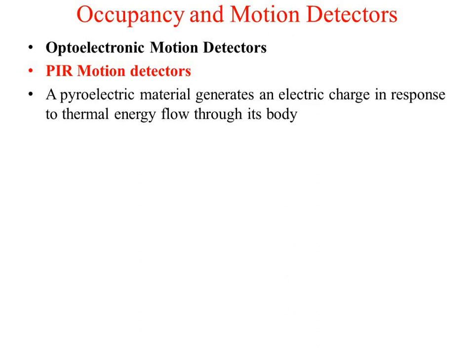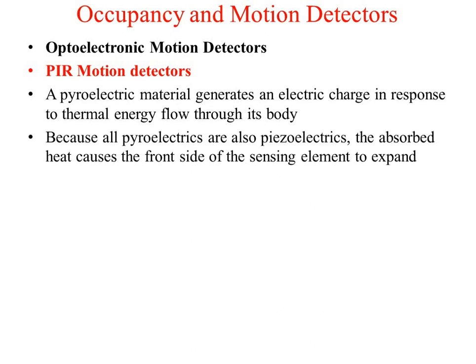The pyroelectric material generates an electric charge in response to the thermal energy flow through the body. We will see the example also. Pyroelectric materials are also piezoelectric type materials. They absorb heat on one side of the sensing element, which expands the material.